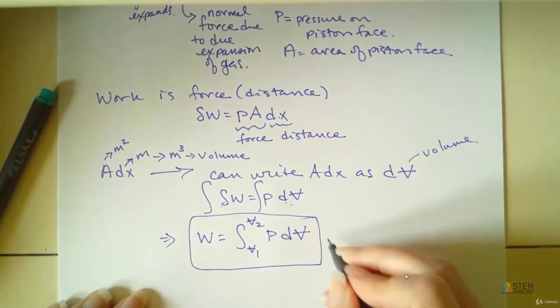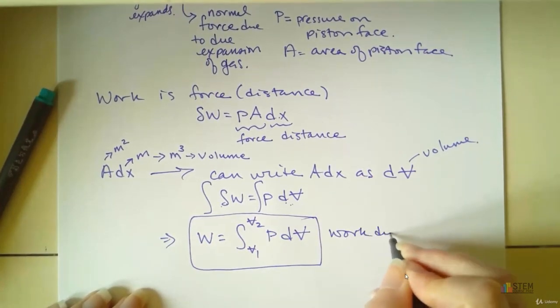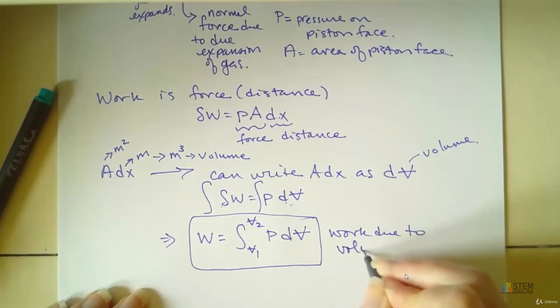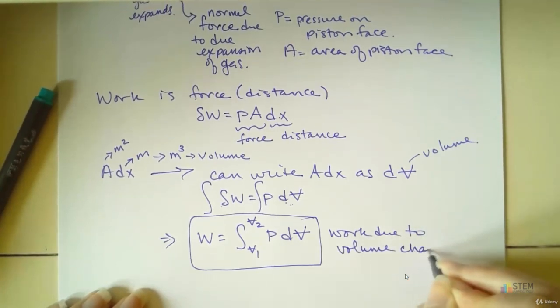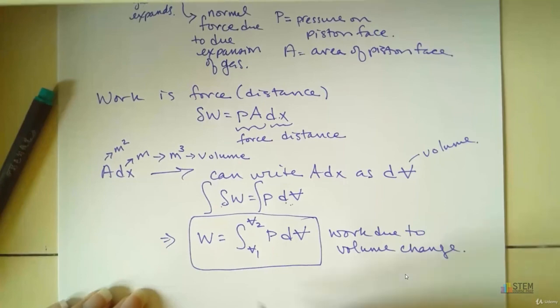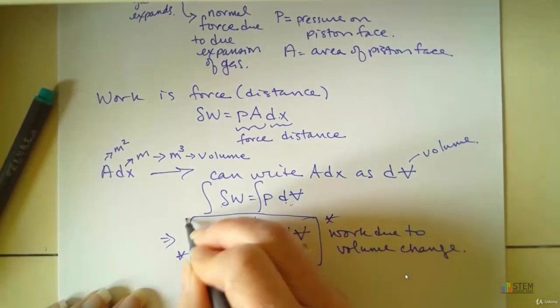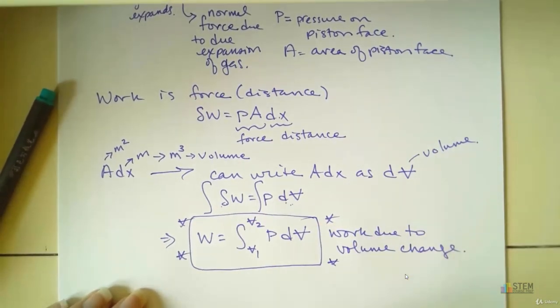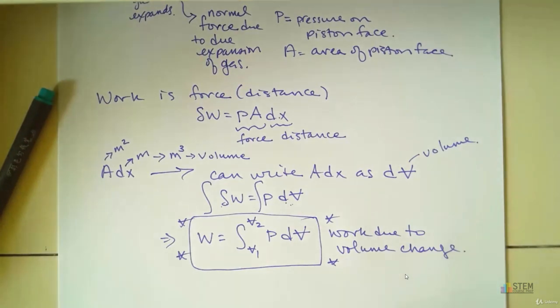So this is going to be the work due to volume change. We are going to use this a lot. It's actually a pretty simple equation, and I'll show you how to use it in the next example. So I'll see you then.